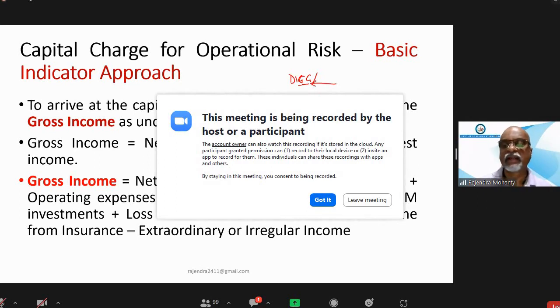They are not credited to the P&L account. So any insurance claim which has been credited to the P&L account has to be deducted, whether it is insurance fee by selling bank insurance or any insurance claim made on property or anything where the bank has received money that is credited to the P&L account.